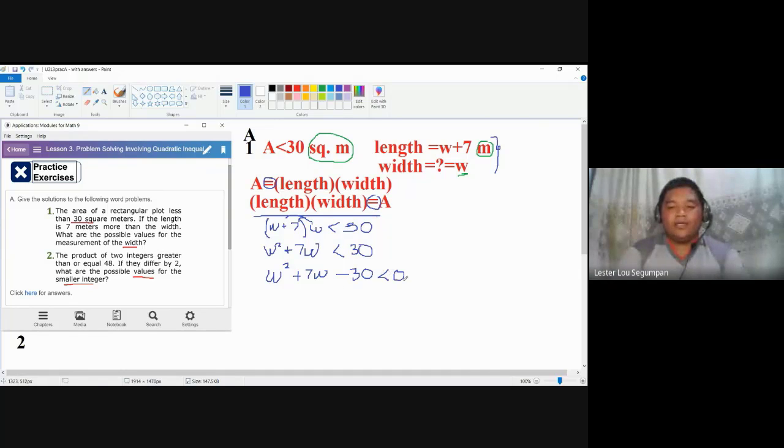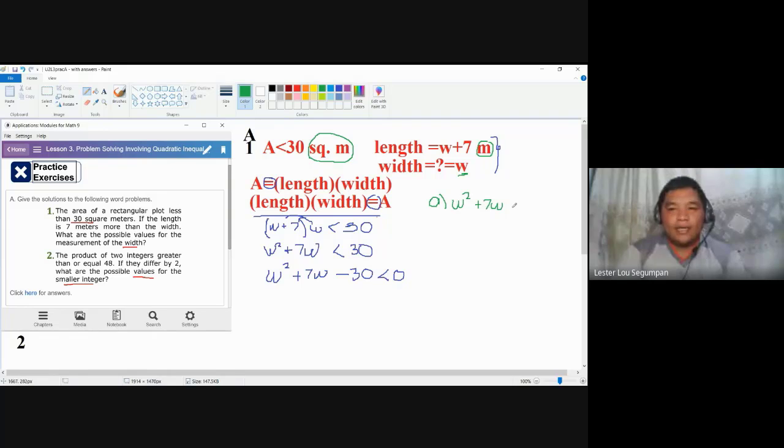And then we have here less than 0, less than means inequality. So we are going to apply here the steps in solving a quadratic inequality. The first step is actually to give a representative quadratic equation. So instead of an inequality, in the meantime, let us use equality.